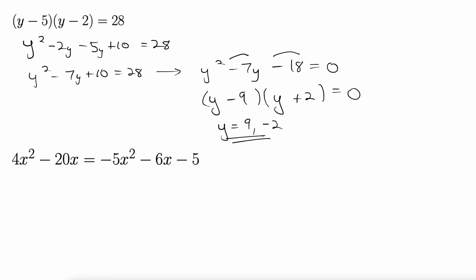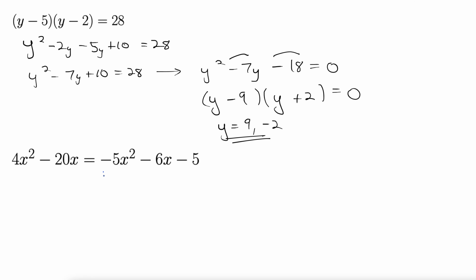Let's try the second one. Again, we have an x squared and an x, and the tip says that if you scan the equation and you see both an x squared and an x, then you want to get everything on one side and a 0 on the other side of the equal sign. So let's do it.